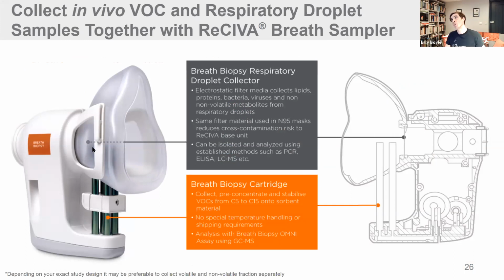So, one of the things that became pretty clear to us, at the outset of the COVID pandemic, was that the world now knows about the importance of breath as a sample matrix, both for what's contained in the aerosol and the respiratory droplets, so things like viruses, bacteria, and proteins.